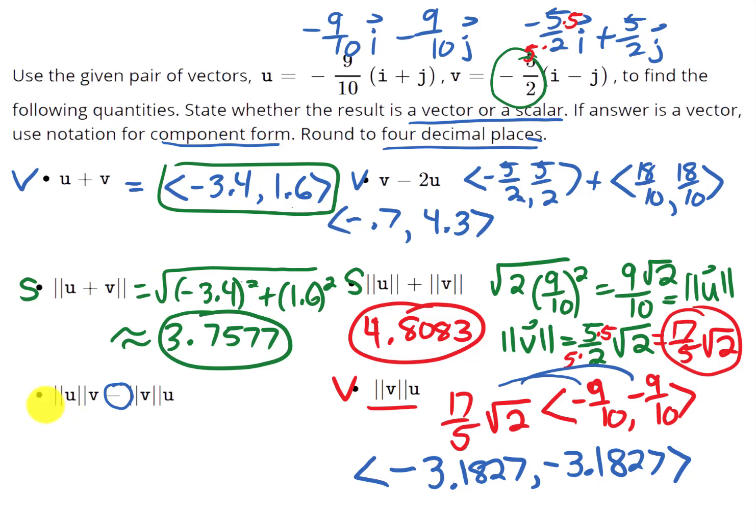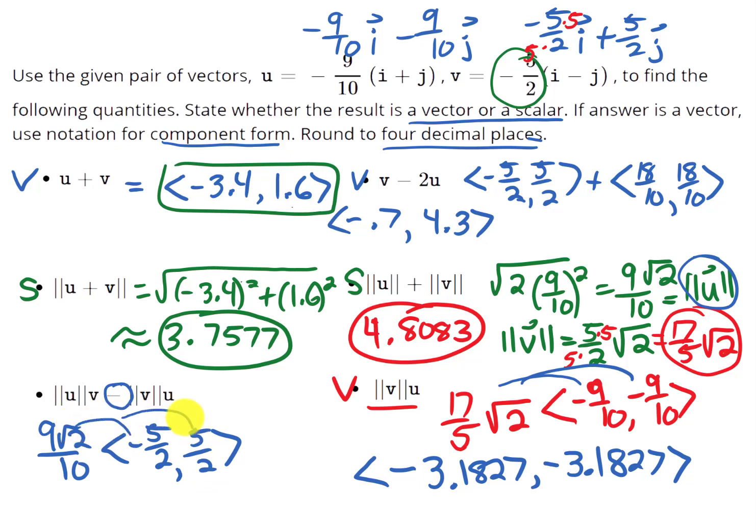3.1827s. Alright, so the magnitude of u, I found that right here. That was 9 square roots of 2 over 10. And we need to take that times the vector v, which was negative 5 halves and 5 halves. Now I need to distribute that through, and then I need to add this other piece on there.